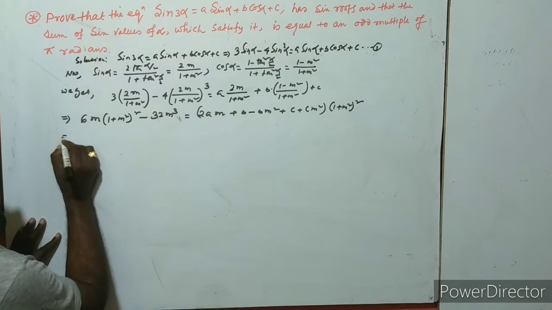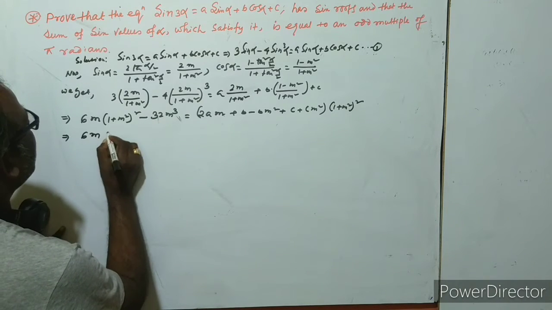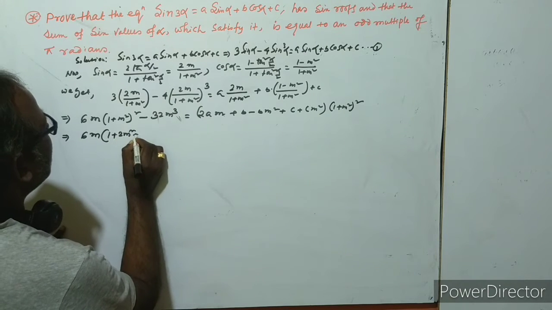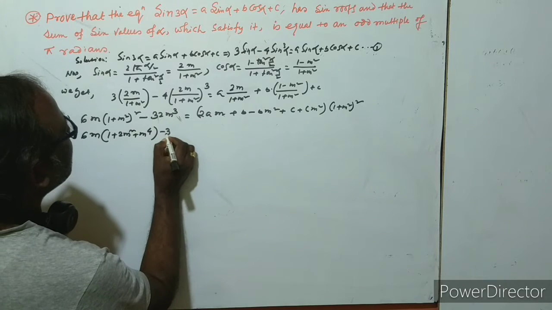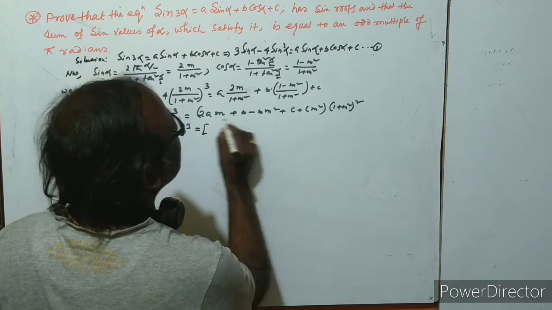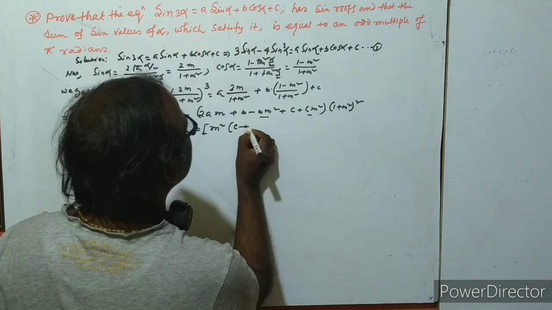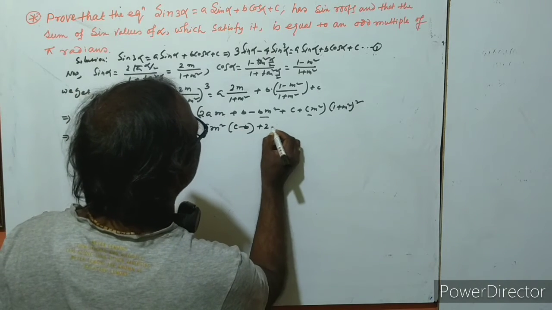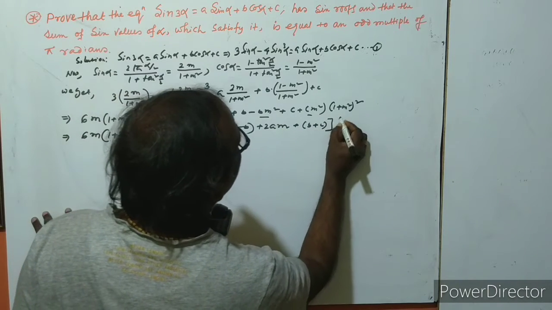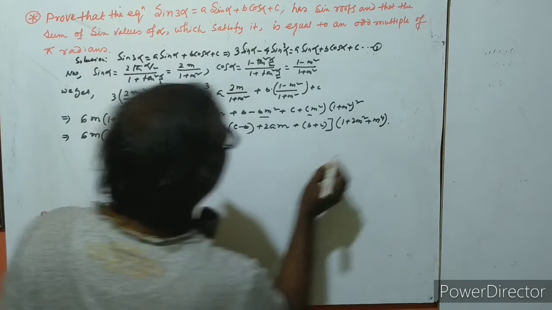Okay, and write again, and this is expand: 1 + 2m² + m⁴, that is 32 m cube, and there is also an expansion like this: m² into c − b, and 2am, and the remaining b + c here, and we expand this 1 + 2m² + m⁴.